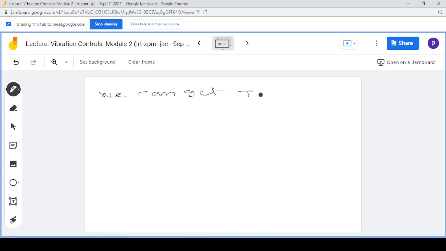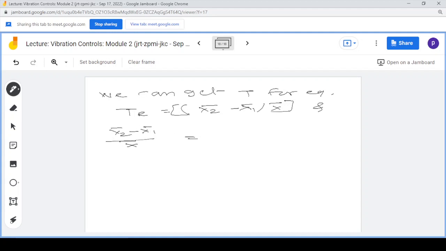Transmissibility for equation TR is equal to x2 bar minus x1 bar by x bar, and this x2 bar minus x1 bar by x bar is equal to k1 m1 omega square divided by k1 minus m1 omega square into k2 star minus m2 omega square.